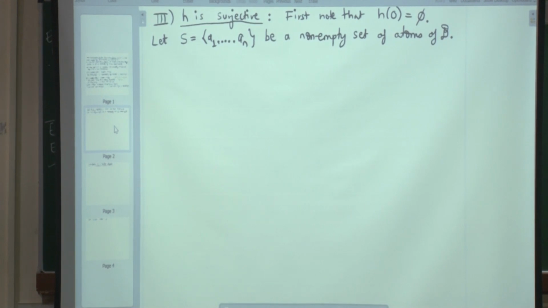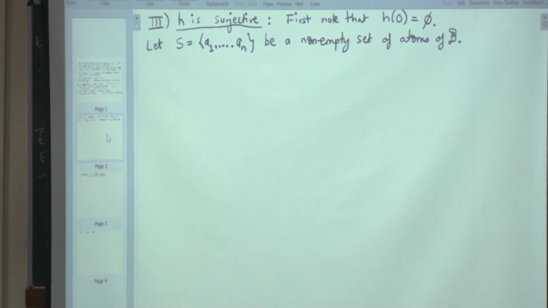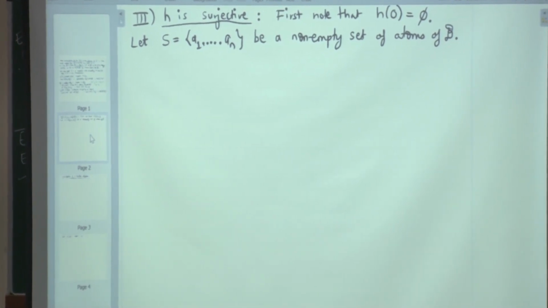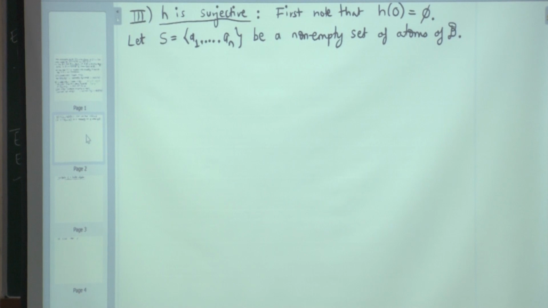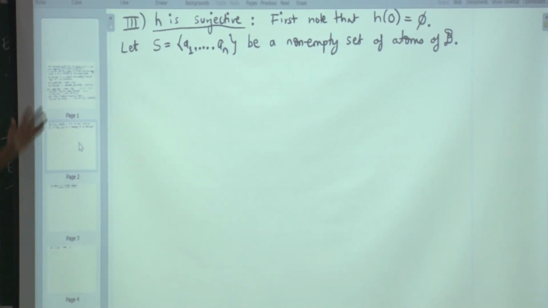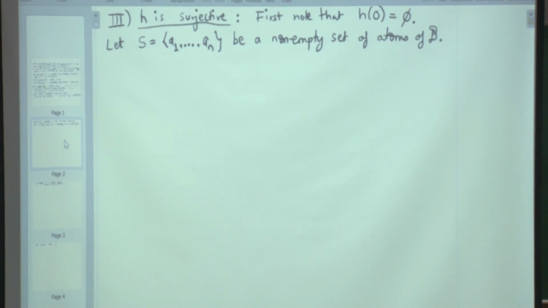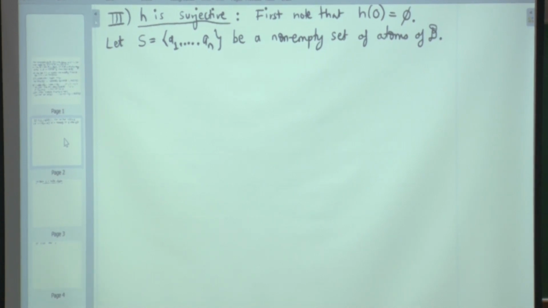Now can you tell me, if you remember from our 3 atom picture, the 8 element Boolean algebra picture, how to construct some x which will map to this element S? What should we do? We should take their join. Don't say union.